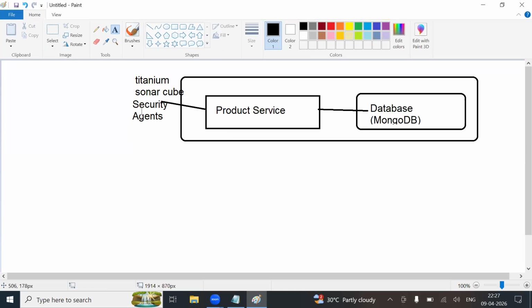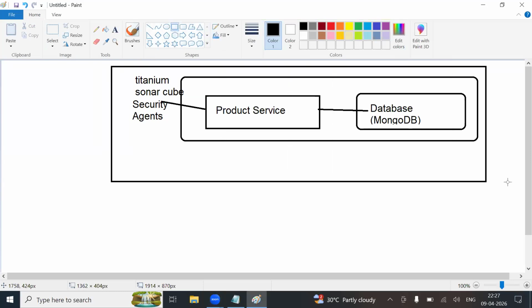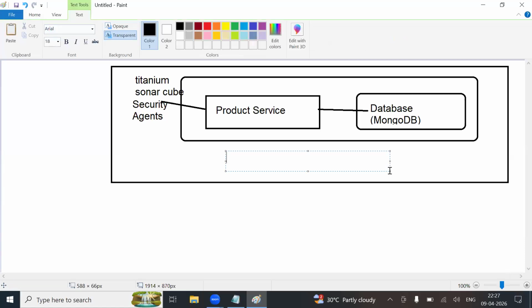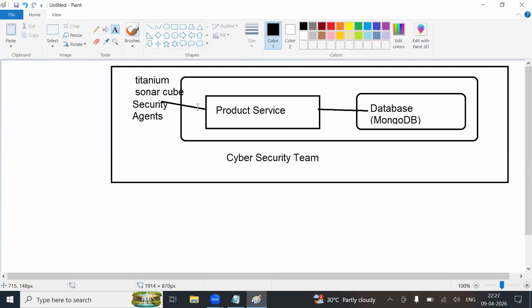That is the reason nowadays people use cyber security to make sure our environment is secured. Any product organization has a cyber security team. If any third-party person comes into the product service, they detect it immediately and reject that particular request.